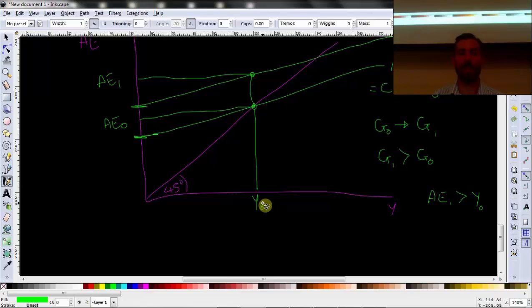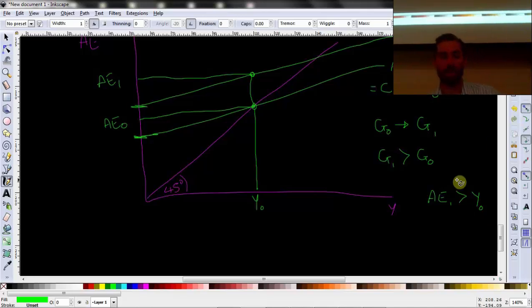Here's Y0, Y0 is equal to AE0. I've now got AE1. I've increased government spending by some amount. I'm now at AE1. Are you happy that AE1 is greater than Y0?